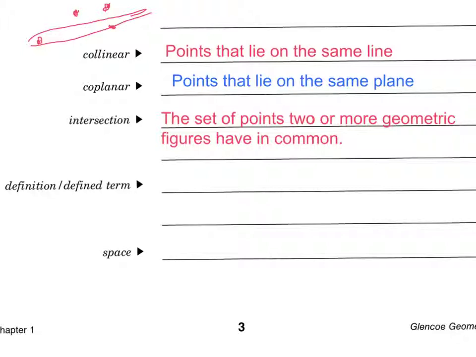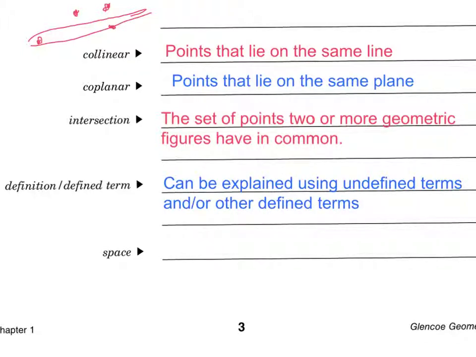Alright, next we have defined terms, and we can explain those pretty easily. They can be explained using undefined terms and or other defined terms. So these are things that we need to have examples of, but we can explain with words.